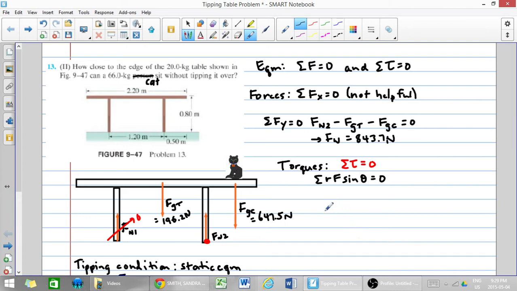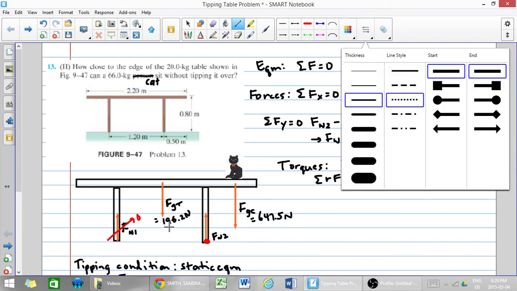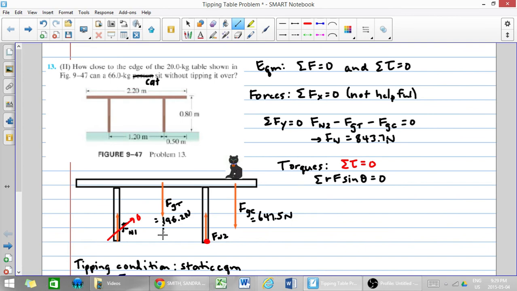Now on the last video, I showed how in calculating torques, you can continue on the line of the force and then drop a perpendicular from your pivot point, and then instead of using the diagonal and the sine theta, you can use the length of that perpendicular times the force.